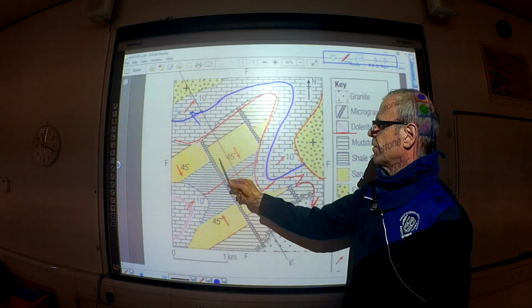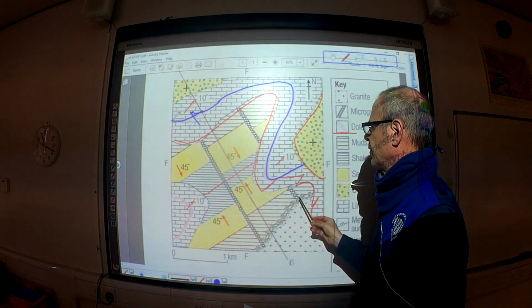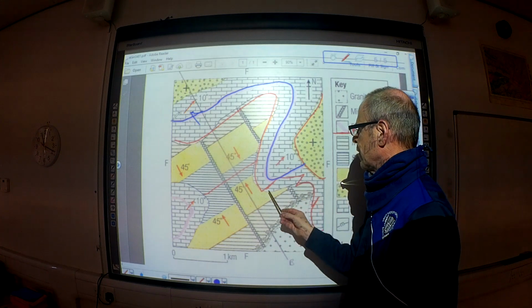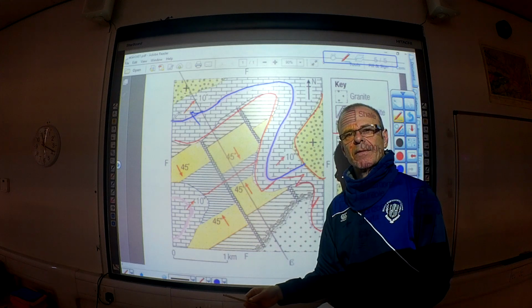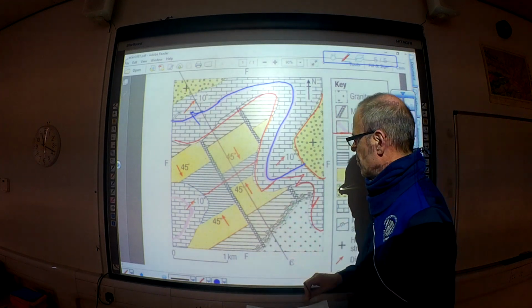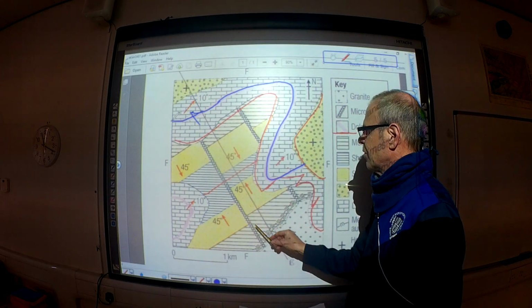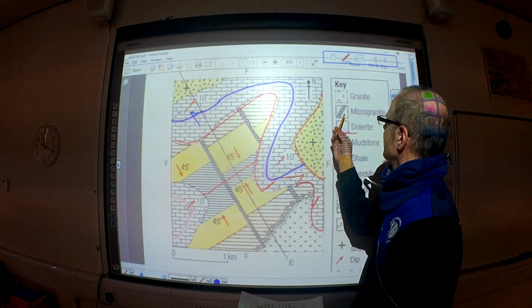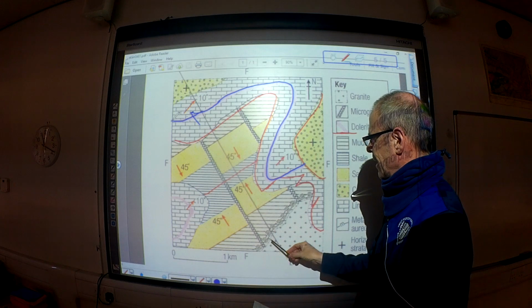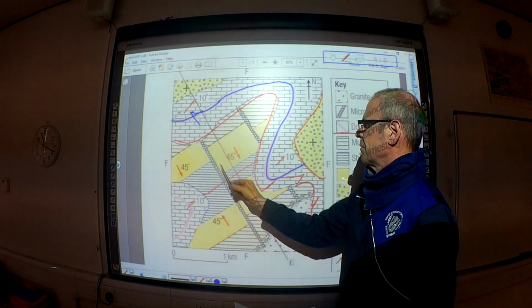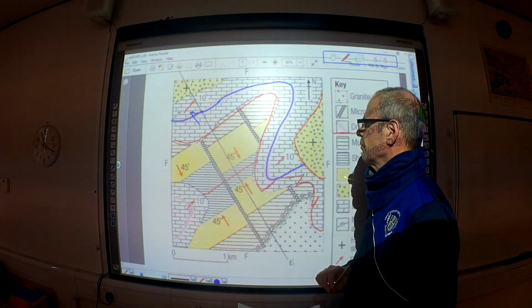So the fold is cut by these faults, but the faults are overlain by the unconformity. So clearly the faults happen first, they cut through, and then because they have microgranite dikes intruded along them, this intrusion must have happened at that time for the microgranite to penetrate.